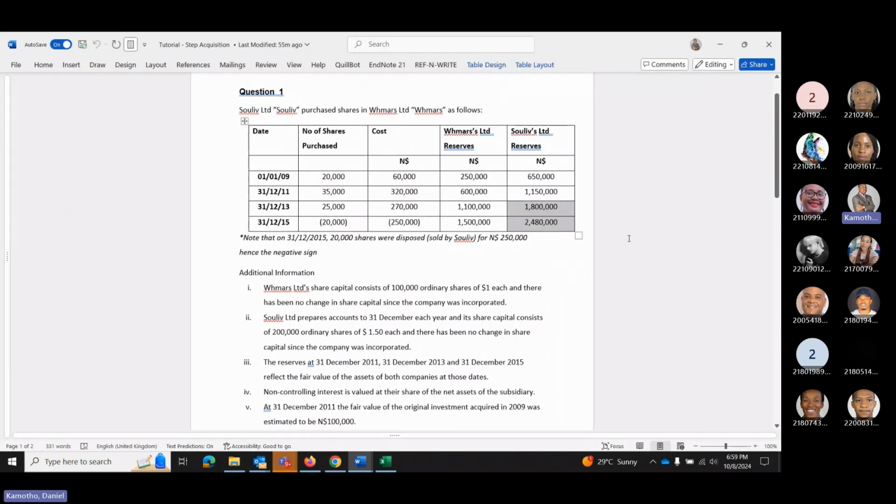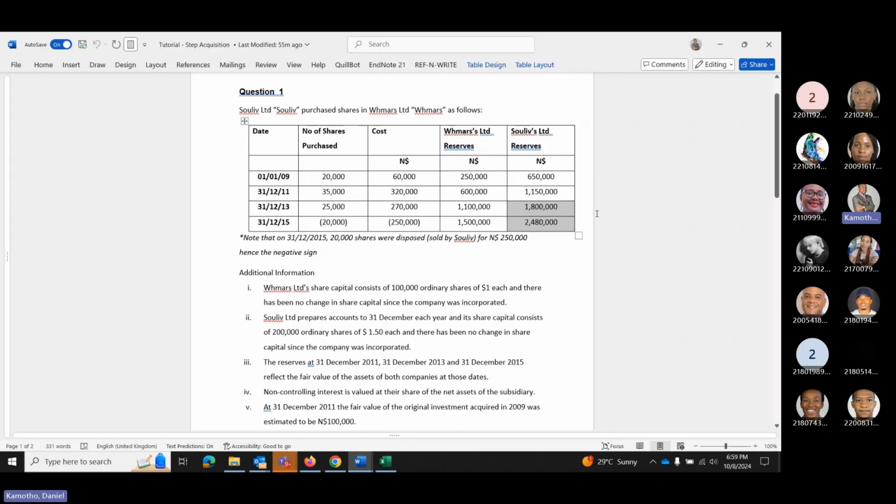When we say the statement, ideally what goes to the net to increase the statement of changes in equity is the net. And therefore we are saying out of the 300, only 250 has increased in here. So if we have 2480 as the total, then we remove 250 because 50,000 is already given out.